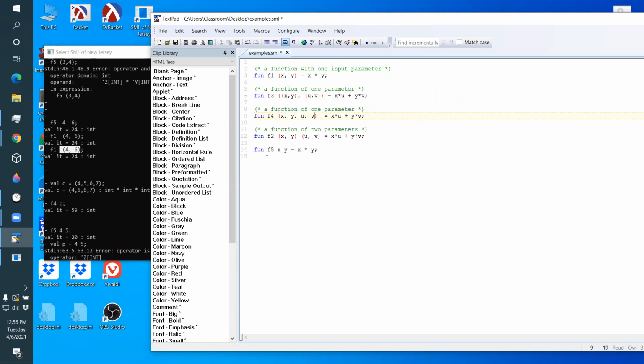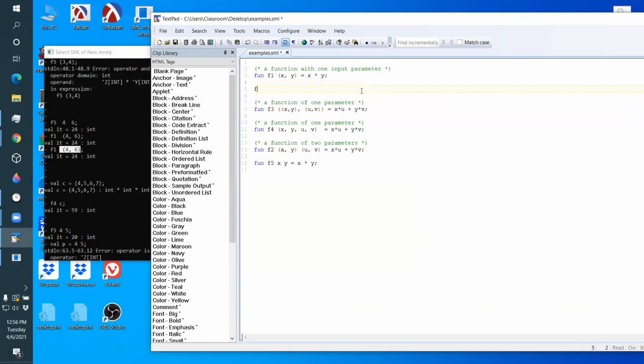Okay. Here, let me redefine F1. I'll do it just below. Here's another way to write F1. Function F1 of, I'll call it X, is, well, what's X? It's supposed to be a tuple.